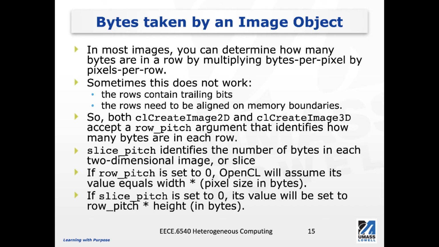If slice pitch is set to 0, its value will be set to the row pitch times height. So in those two cases, if they're set to 0, basically there's no padding, no alignment. You can use the simple formula to calculate the number of bytes using the dimensions of the image and the pixel sizes.